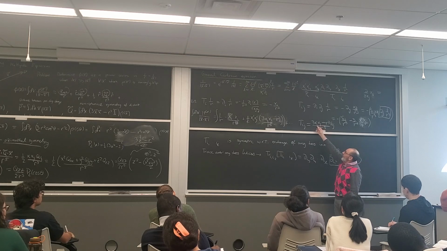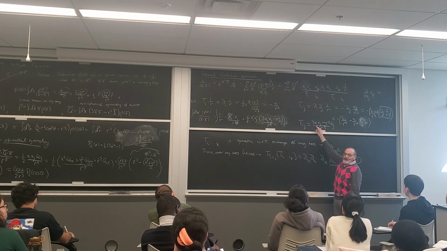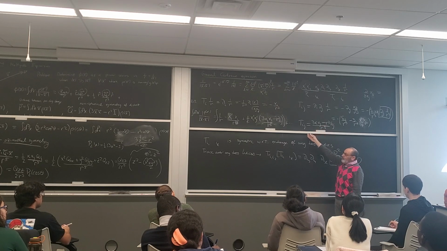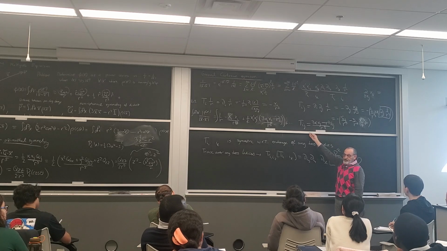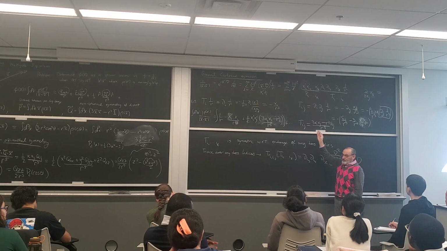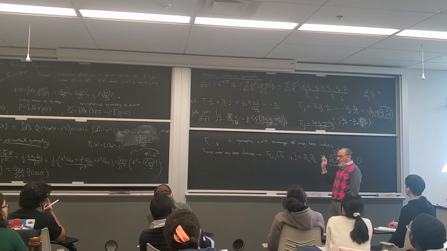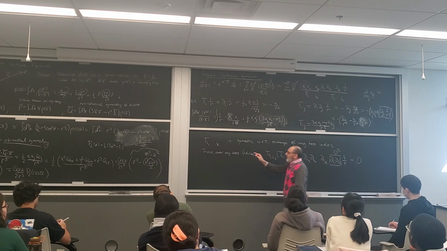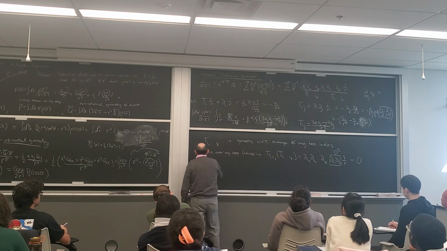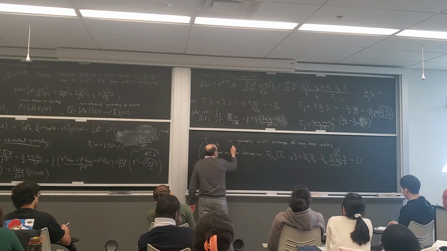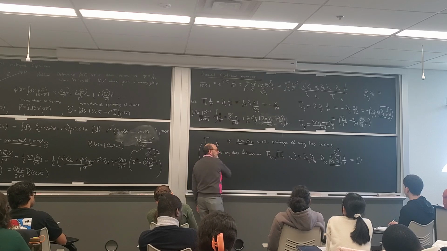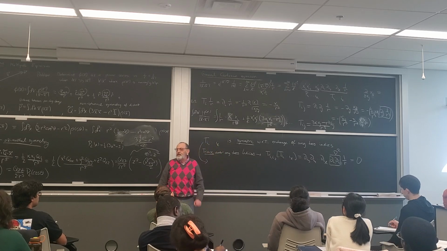If I trace this over i and j, the second rank part of this is 0. So what we have learned is that this tensor is symmetric and traceless when I trace over any two indices.